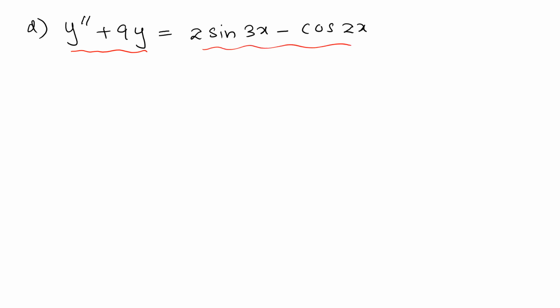So if you look at the characteristic equation, you can see it is lambda squared plus 9 equals 0. So that's going to give you lambda squared equals negative 9. That means lambda, if you take the square root, is a complex number, so it's going to be plus or minus 3i.